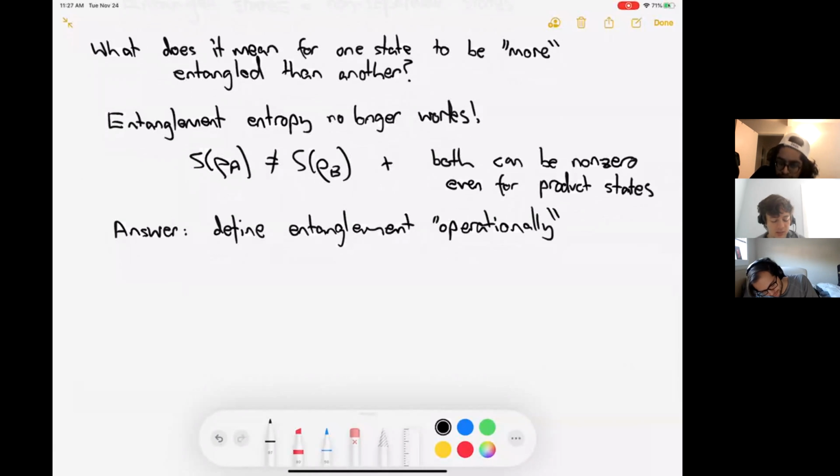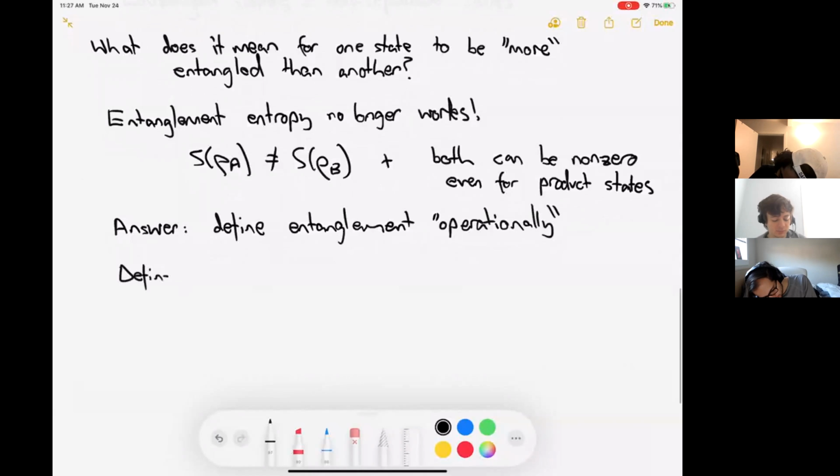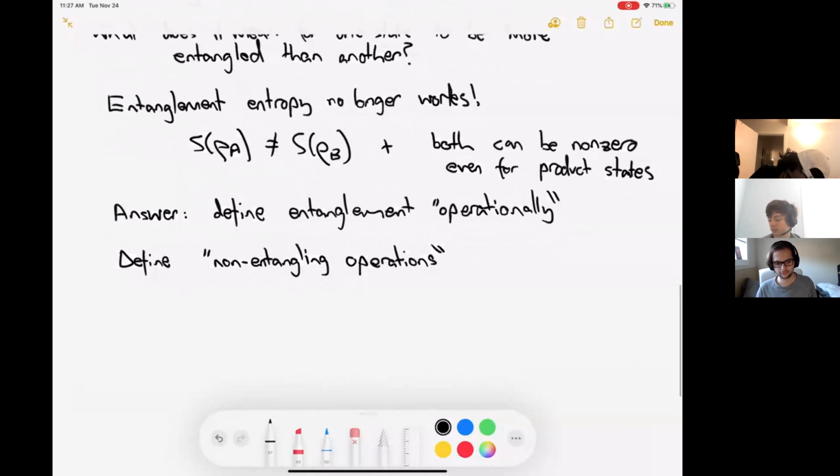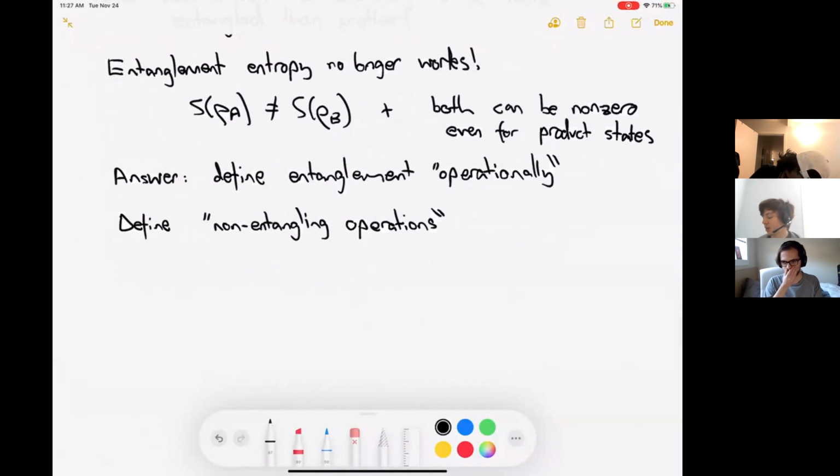But the basic idea is that we first define some set of things that we're going to call non-entangling operations. Okay. So what things might we count as a non-entangling operation? Anyone want to throw out an idea for something you could do to a quantum state that can't create entanglement, or we don't want to think of as increasing entanglement?